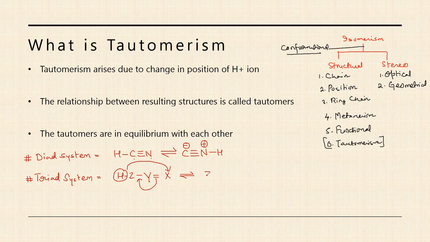So you will be getting something like this, Z double bond Y X H. This is a triad system. The triad system is the most common one.